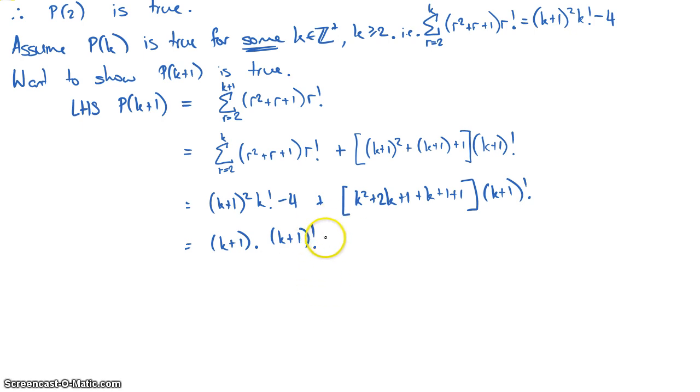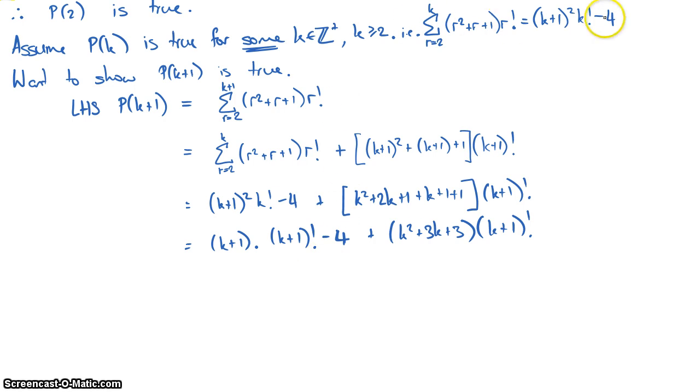Minus 4. And then plus, sorry, that 4 wasn't quite right. This is k squared plus 3k plus 3 times (k plus 1) factorial. So I've got (k plus 1) factorial in common to both, but not this 4 in here.